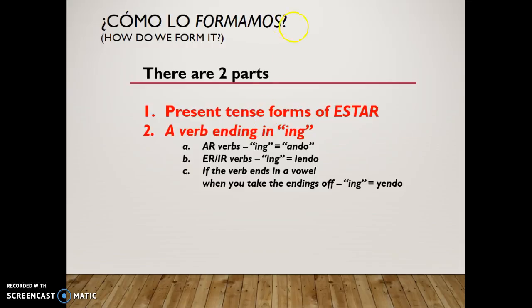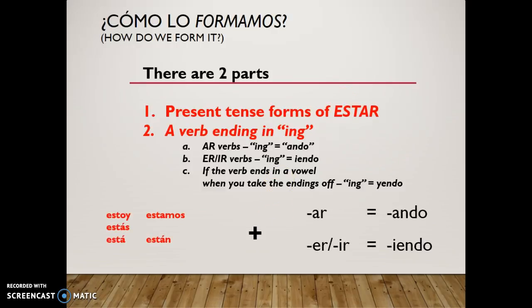And for ER and IR verbs, the ing is I-E-N-D-O, iendo. And if the verb ends in a vowel, when you take the endings off, the ing becomes yendo with a Y. Just remember the bingo song.